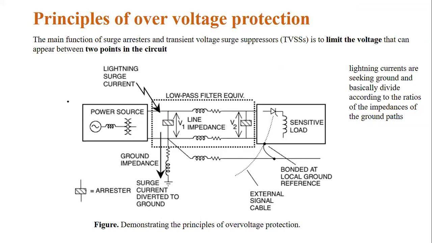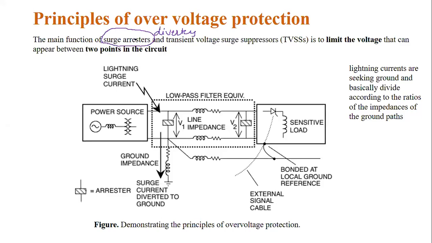This is a basic diagram to demonstrate over voltage protection. For all over voltage protection we are mainly using surge arresters, or you can also call them surge diverters. Remember, surge arresters are surge diverters.